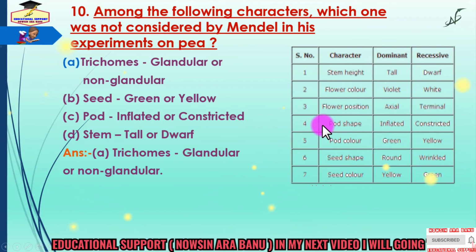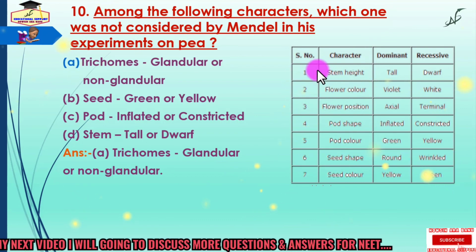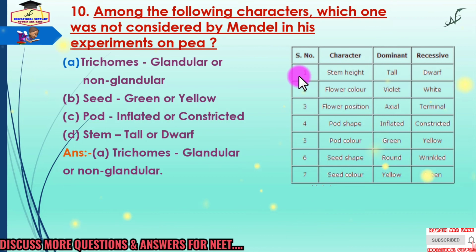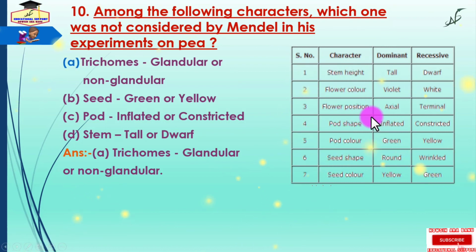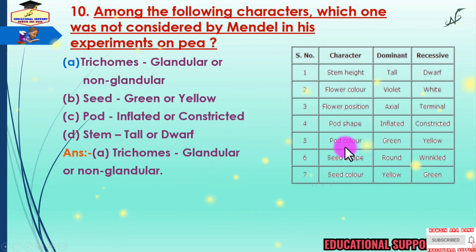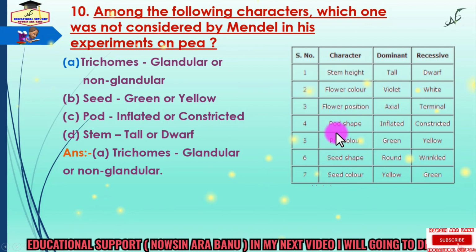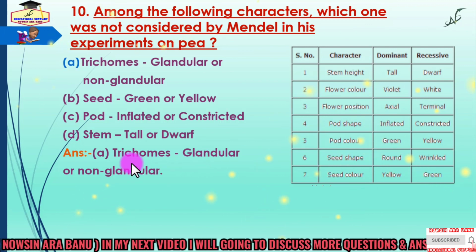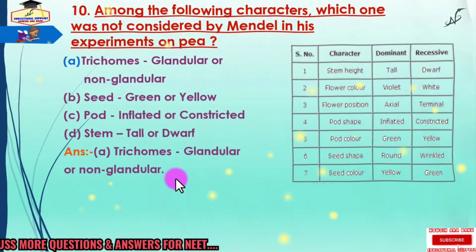These are the 7 characters which were studied by Mendel using the pea plant: stem height, flower color, flower position, pod shape, pod color, seed shape and seed color. So the correct answer is option A, granular or non-granular.